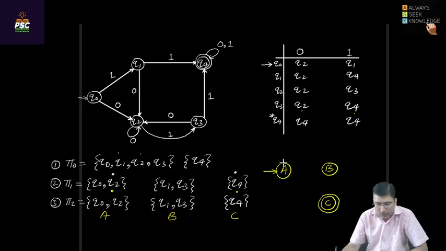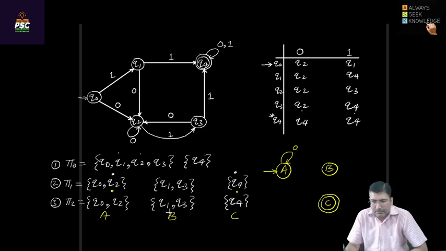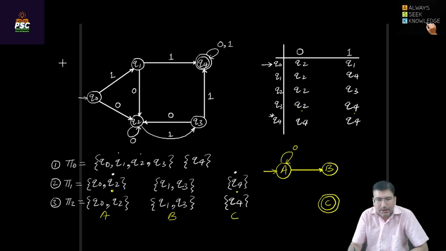That means there will be a loop for 0, because another state is also leading you to the same set. And for Q0 on 1, you are leading to Q1 and Q1 belongs in this set. So that means there will be a transition from A to B here for 1, right?